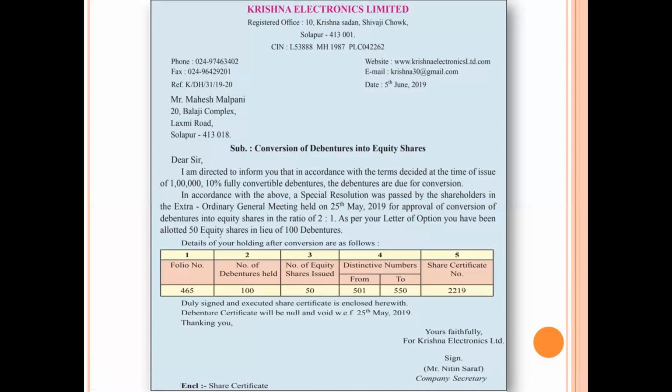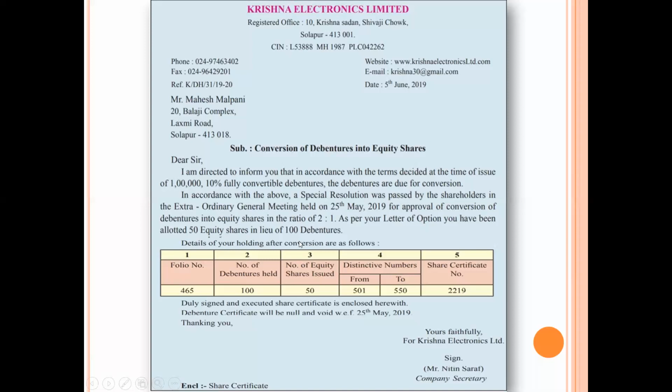In accordance with the above, a special resolution was passed by the shareholders in the extraordinary general meeting, which was held on 25th May 2019 for approval of conversion of debentures into equity shares in the ratio of 2:3. As per your letter of option, you have been allotted 50 equity shares in lieu of 100 debentures.